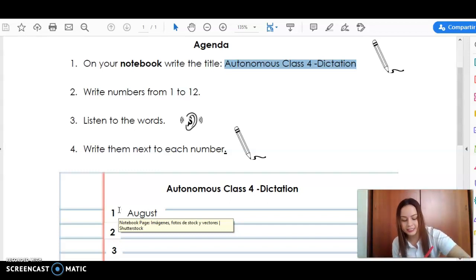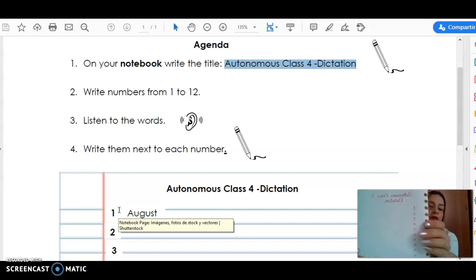Perfect. Until the number 12. Very good. I have here my whole numbers ready.